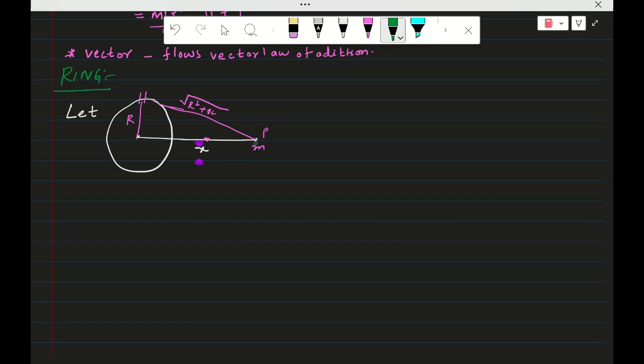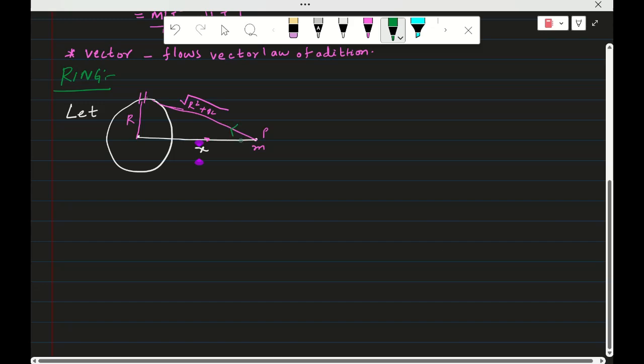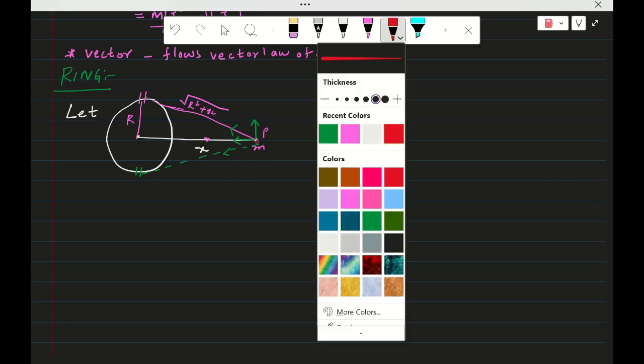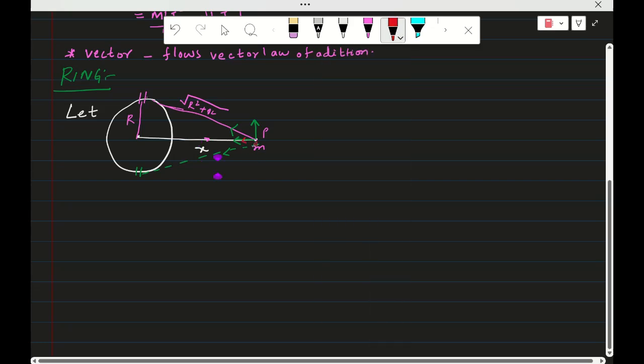So now, as we discussed, the field or force is acting along the line joining like this. So now the components of fields are like this. Due to the symmetric mass, the force along this direction will be added and the force along vertical cancels.